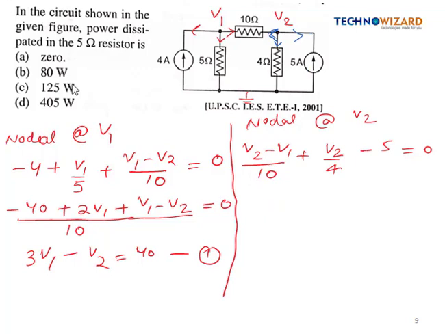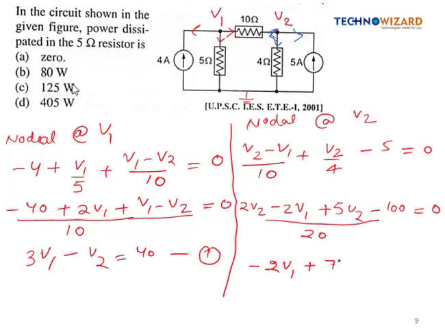So now after taking the LCM, it will be 20. So this will be 2V2 minus 2V1 plus 5V2 minus 100 is equal to 0. So this will be minus 2V1 plus 7V2 is equal to 100.